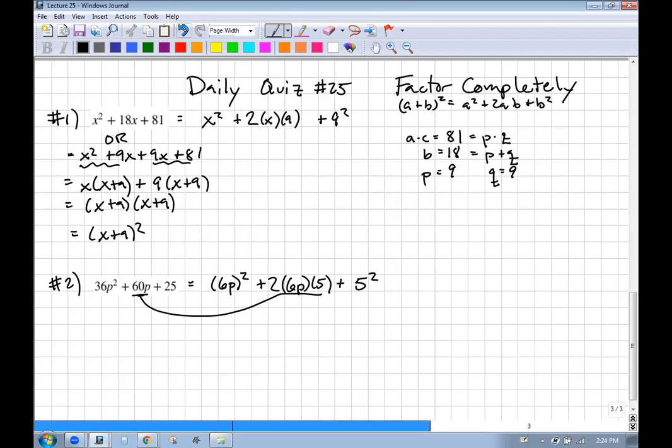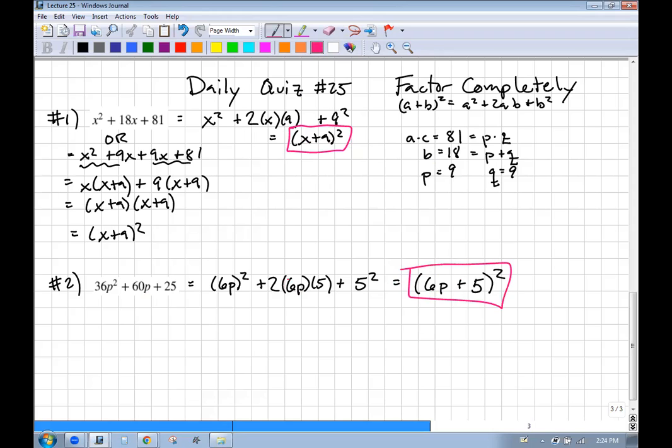So yeah, it matches. So you can just say, okay, this is A plus B squared, and that's it. I should write up here, equals x plus 9 squared. So down here we have 6p plus 5 squared. So 6p is our A, 5 is our B. And you can check your work, right?